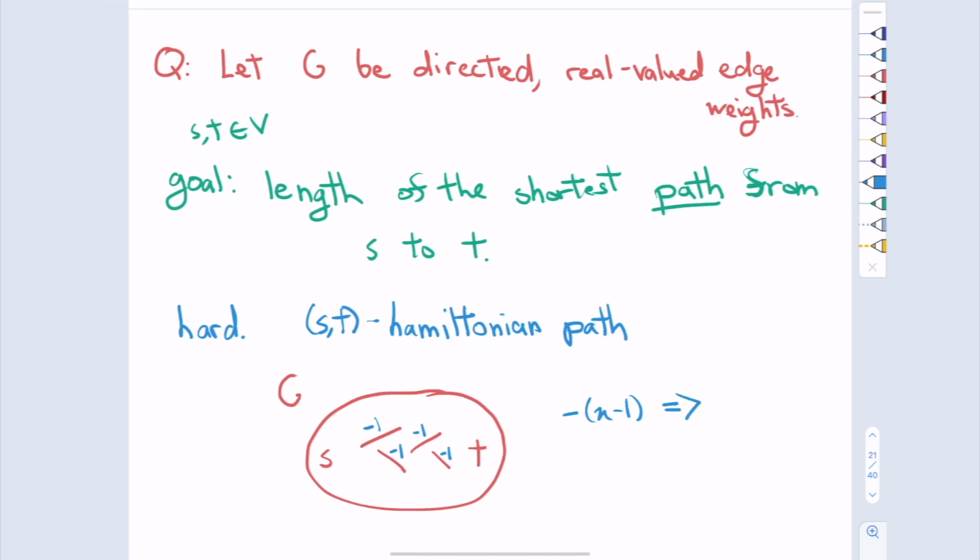So if you can find a path of length -(n-1), then you get a Hamiltonian path. But we talked about this at some length, and it was really cool.